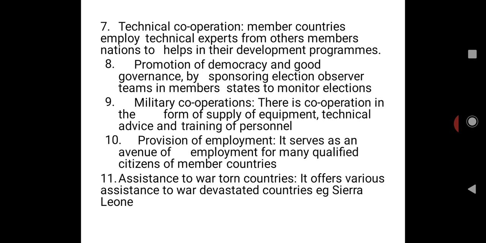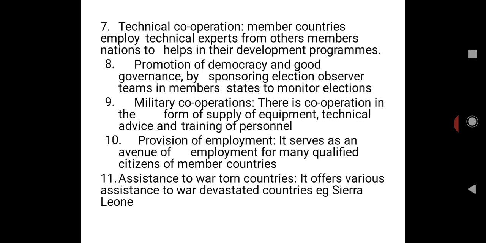That is the benefit we derive from being a member of Commonwealth of Nations. Another important benefit we get from being a member of Commonwealth of Nations is military cooperation.